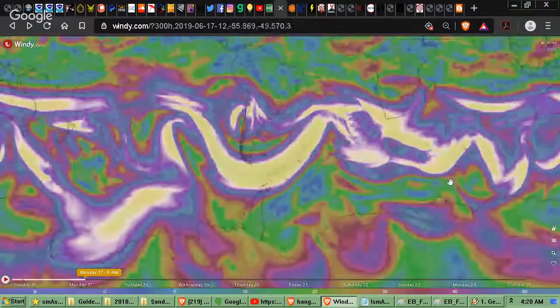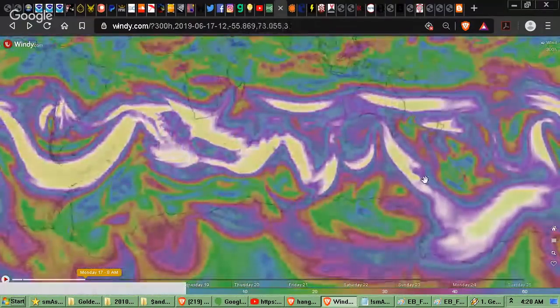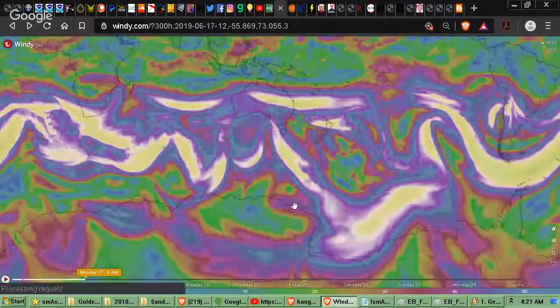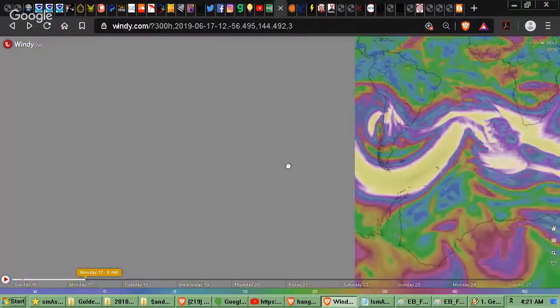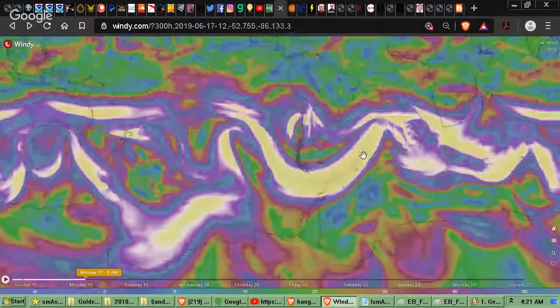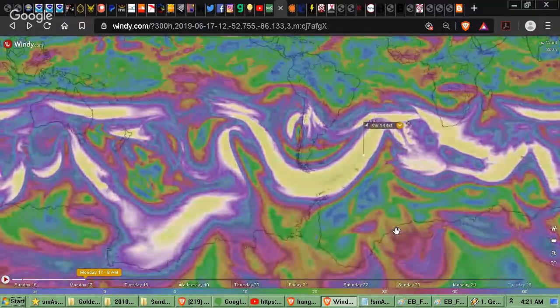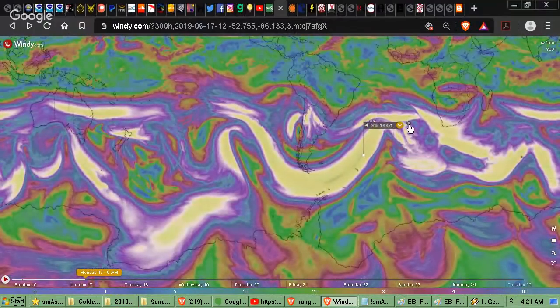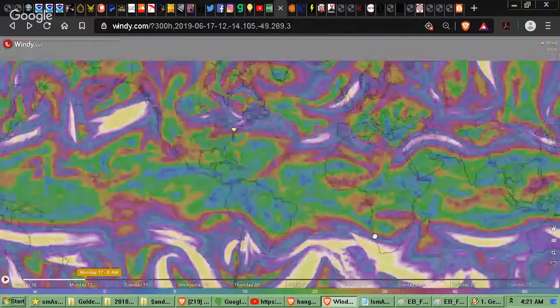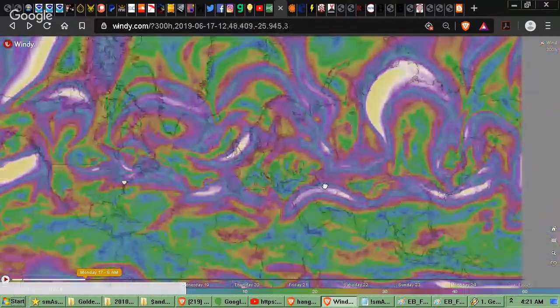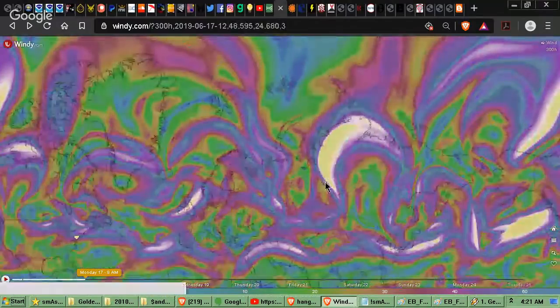Southern Hemisphere, very strong jet stream and very meridional flow. You see a lot of north and south flow of the jet stream here in the Southern Hemisphere. There's a pretty high wind spot. And the jet stream in the north, pretty much non-existent.